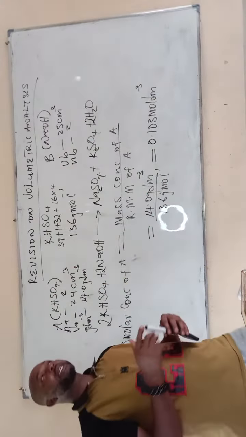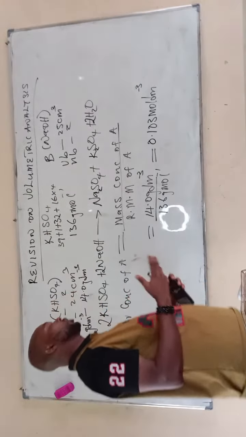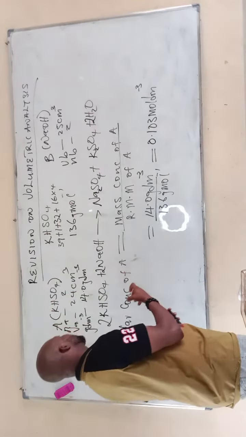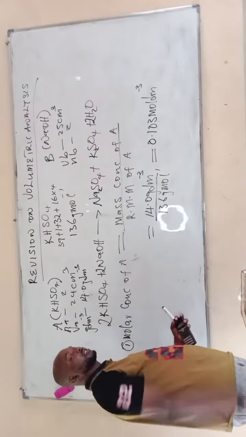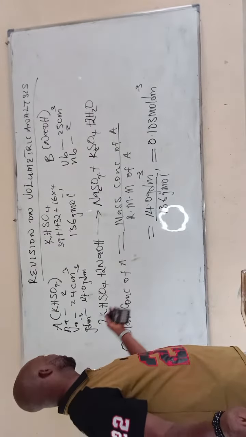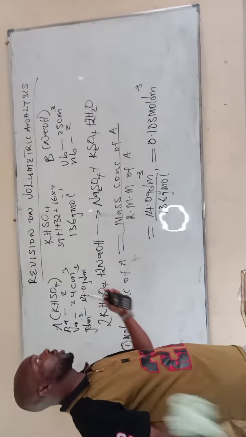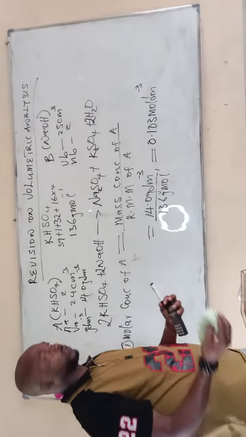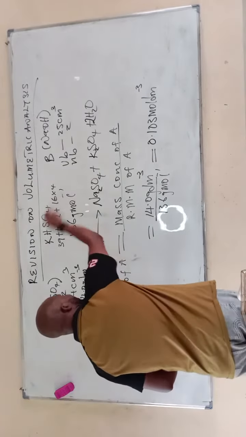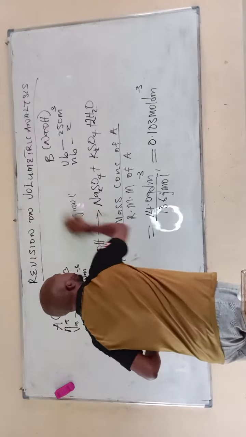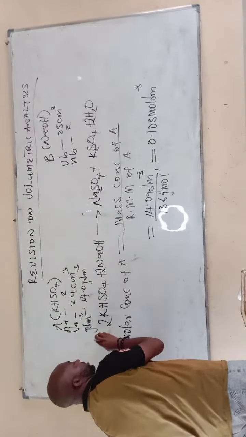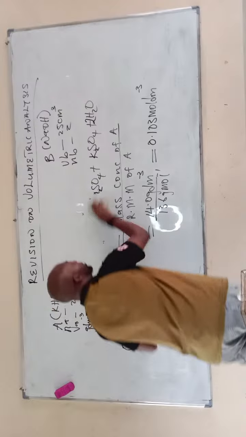So we've answered our first question, which is the molar concentration of the acid A. So I'm going to put it here so that when it is required further, I'm still going to use it. So this I can take out and take the equation of reaction out.